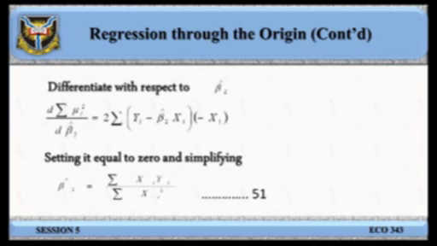Differentiate with respect to beta 2 estimator, you get also the equation below. Setting it equal to 0 and simplifying, beta 2 estimator is equal to summation xi yi over summation xi squared, equation 51.